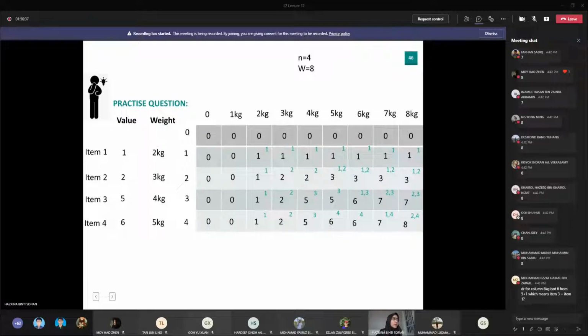Okay, whatever recommendation system that you are going to develop later, please consider dynamic programming because it considers all of the solutions. Just like for the knapsack problem, we consider all of the solutions.